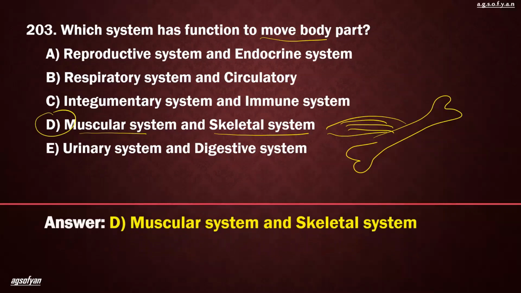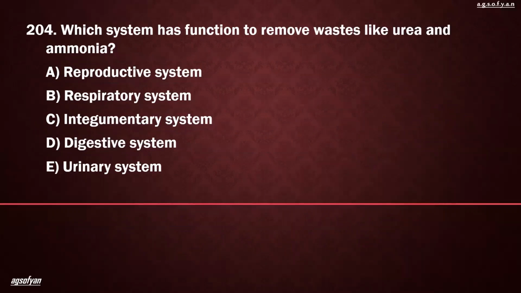I think you get this one, right, Skylar? It's common sense. Which system has the function to remove waste? Usually, when we remove waste, we produce urine. The urinary system. Yes, that's going to be the urinary system.